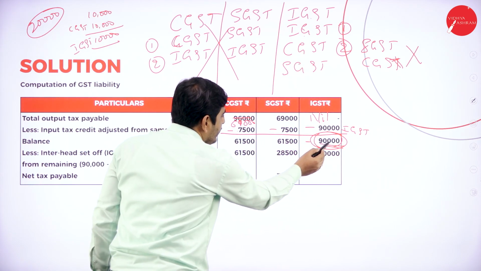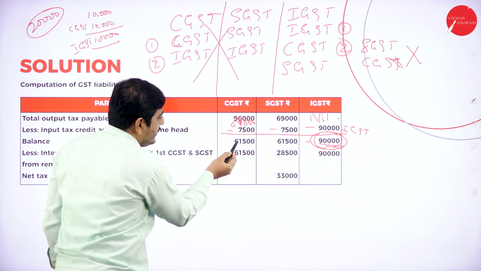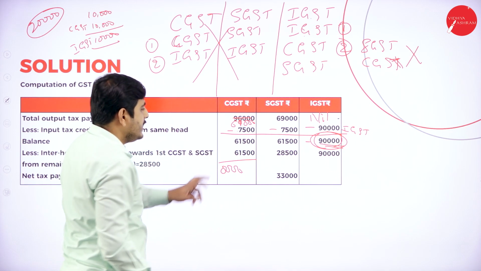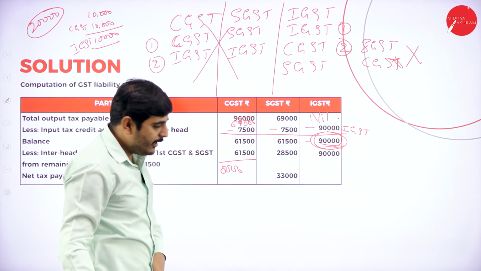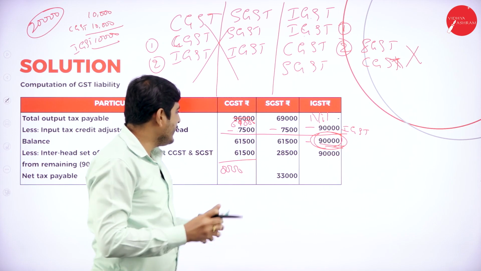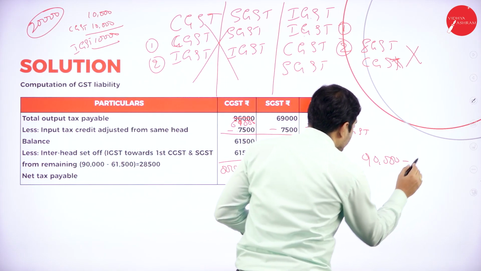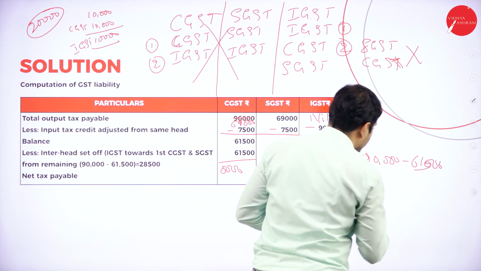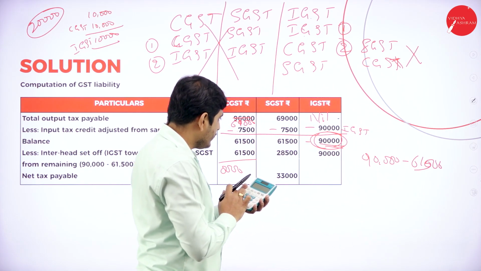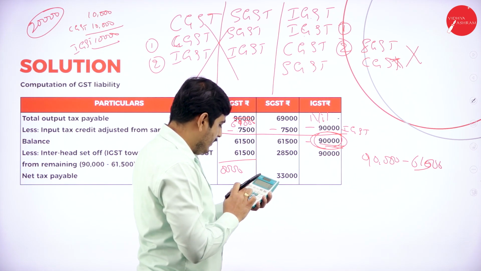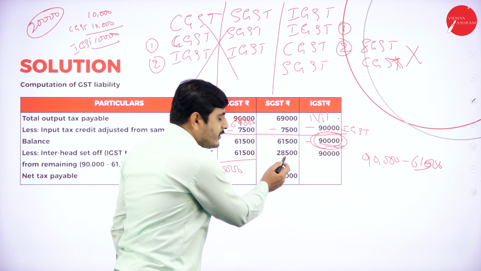Out of 90,000, how much tax is payable? 61,500 rupees. First utilize that, it will become 0. Remaining is 90,000 minus 61,500, which equals 28,500.